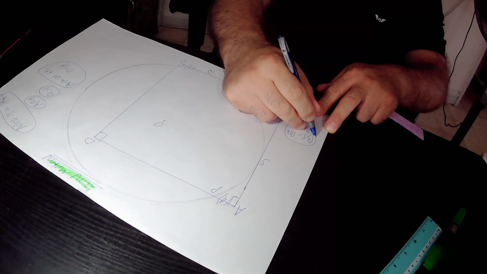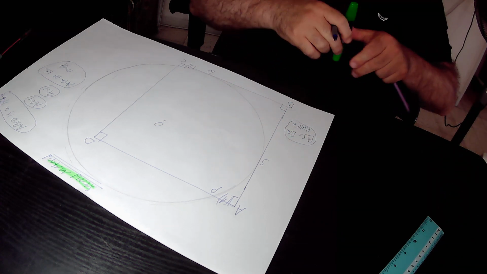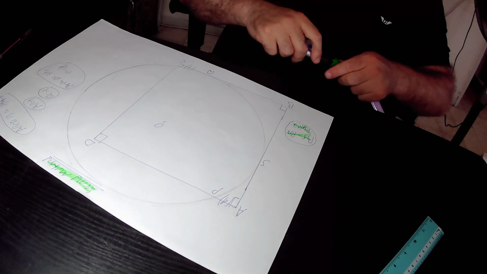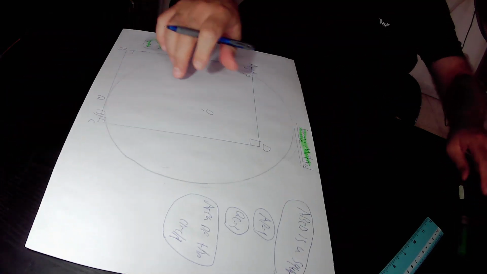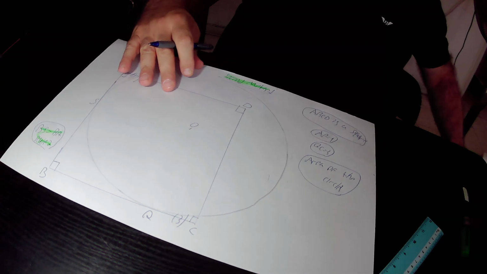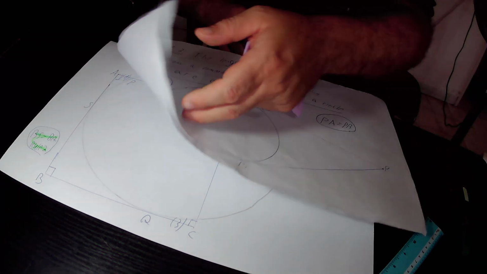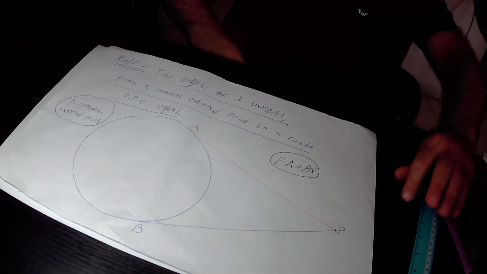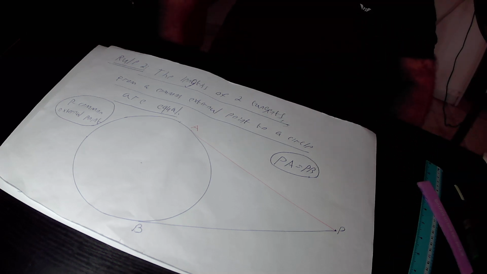So, I'll repeat quickly rule 2. According to rule 2, the lengths of two tangents from a common external point to a circle are equal.